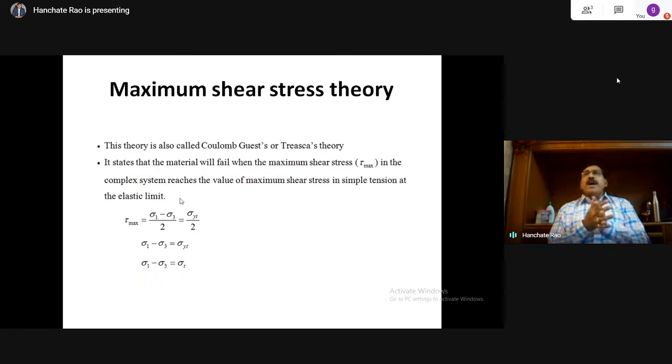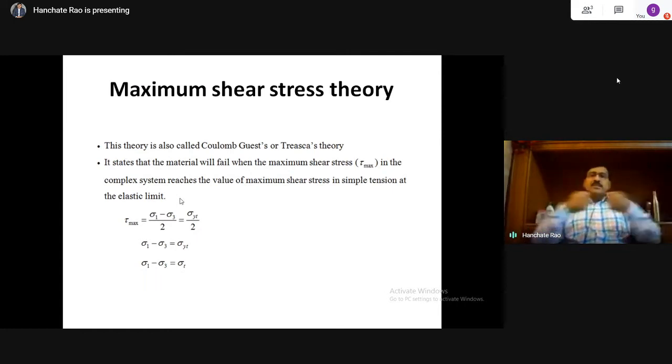So sigma yt is the tensile stress at the elastic limit. In uniaxial tension, the maximum shear stress due to sigma yt will be equal to sigma yt by 2, because there is no stress in the other direction.